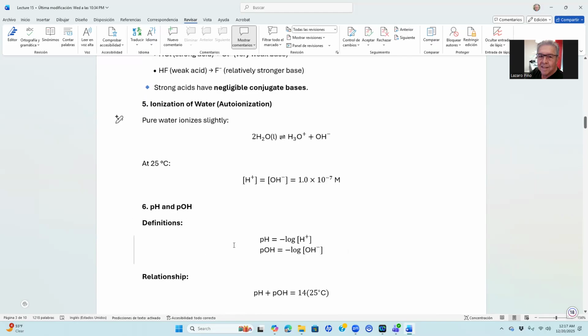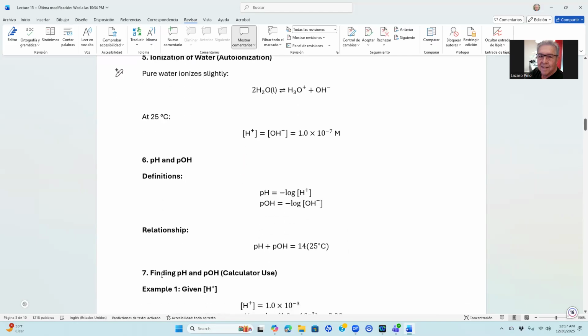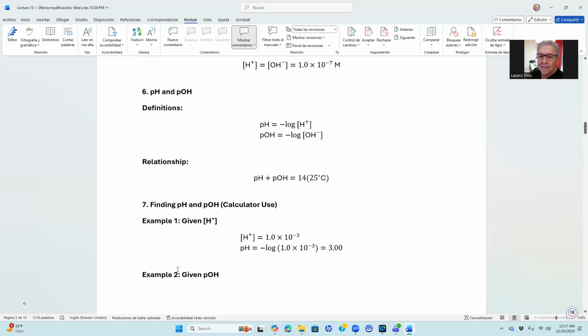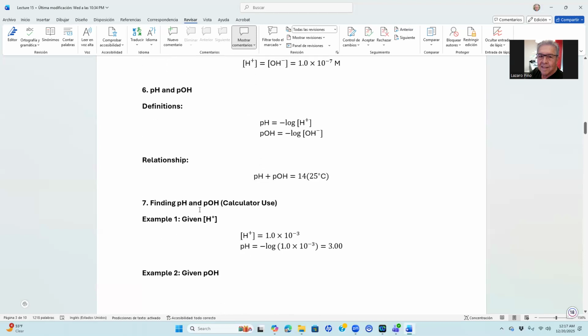The pH, as we have seen, is minus log the concentration of the hydronium, while the pOH is minus log the concentration of the hydroxide ion. The relationship between pH and pOH is that the sum of both at 25 degrees Celsius is 14. So if we have the concentration of the ion, we can calculate the pH using this formula.